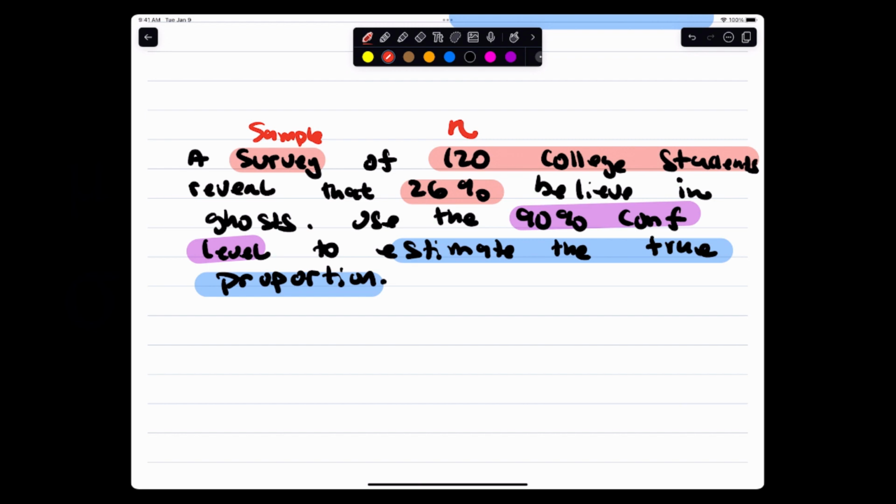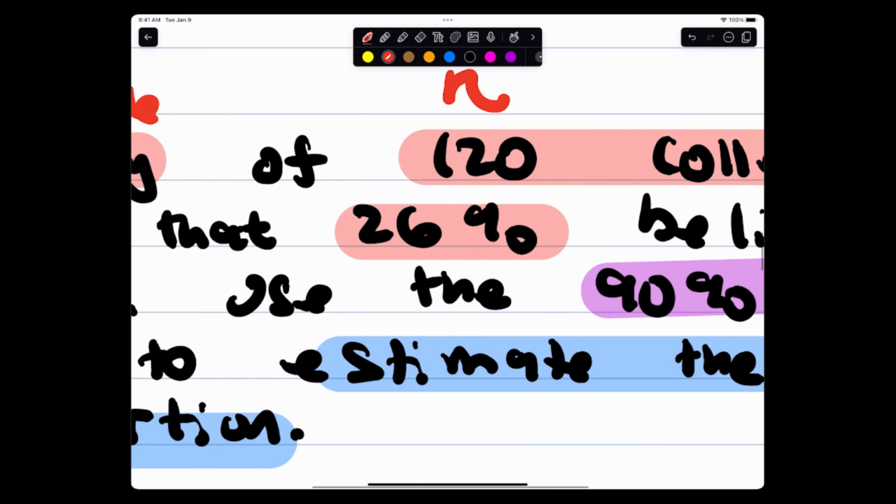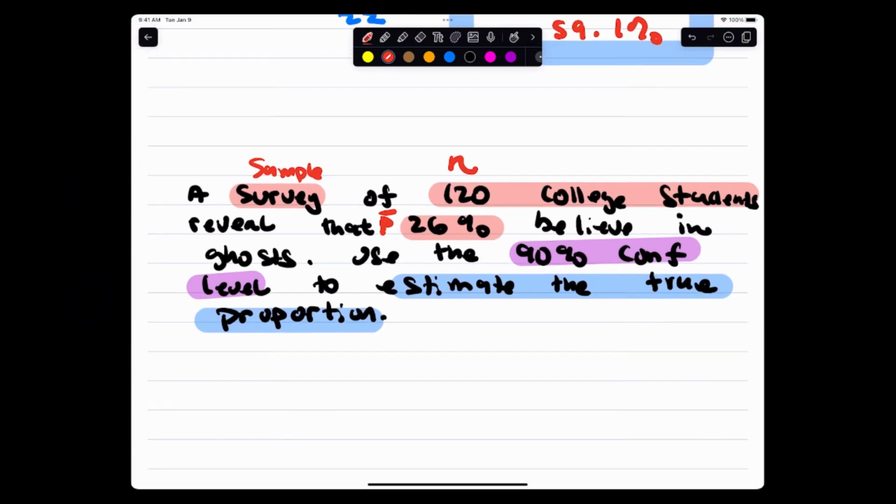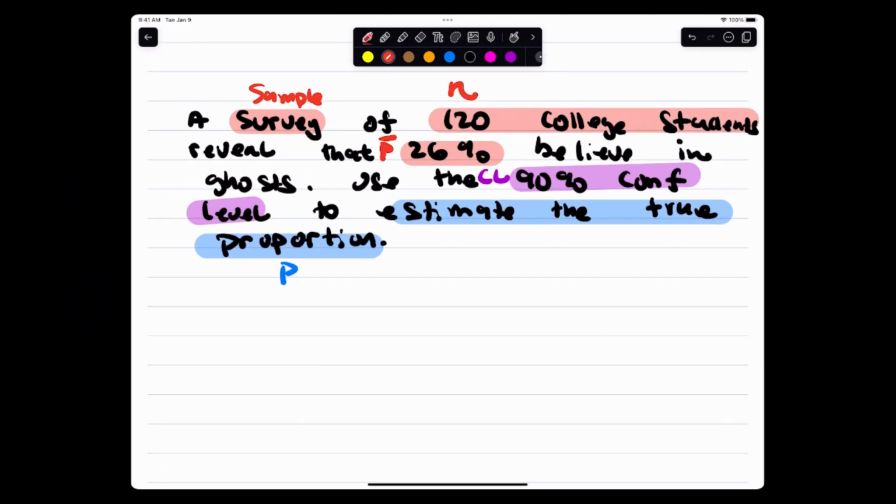And then reveal that 26%. What is that X? No, it's a percent. So that's the sample proportion. And then what's the confidence level? Estimate the true proportion. Isn't that P? Let's do this. What's your sample say?